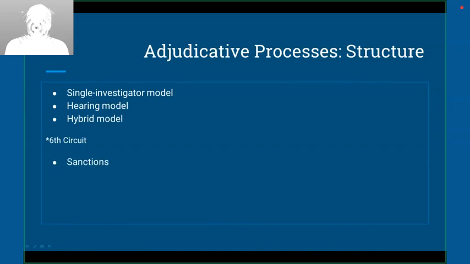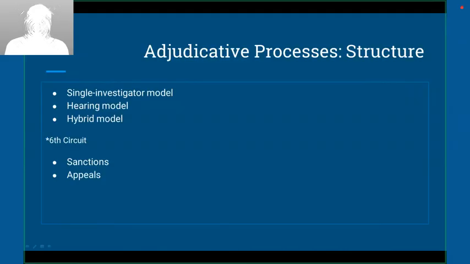So keeping in mind the legal framework, I have a little asterisk here because at this time, public institutions in the Sixth Circuit must have a hearing for any student sexual misconduct case where suspension of the respondent is a possible sanction and credibility is an issue.